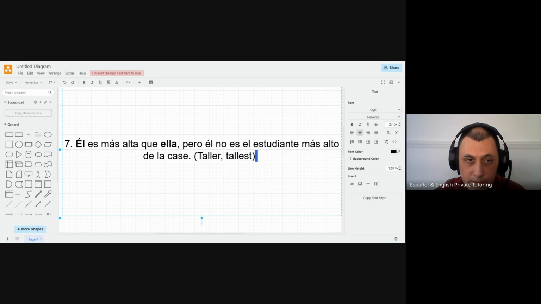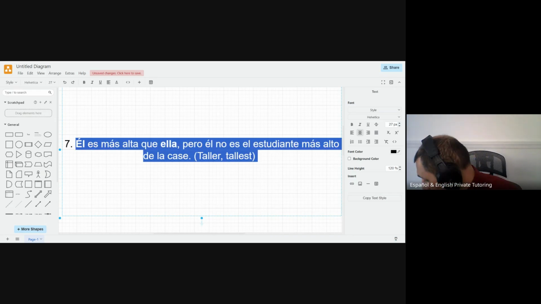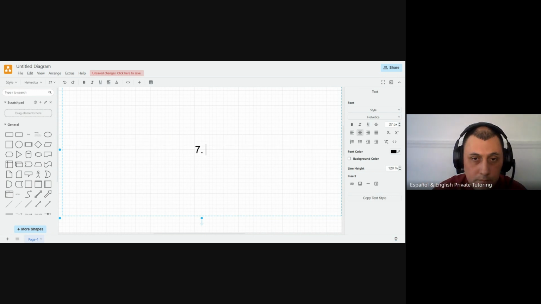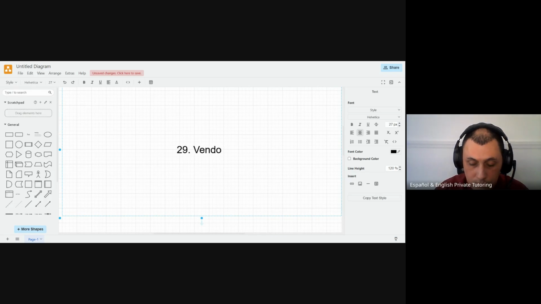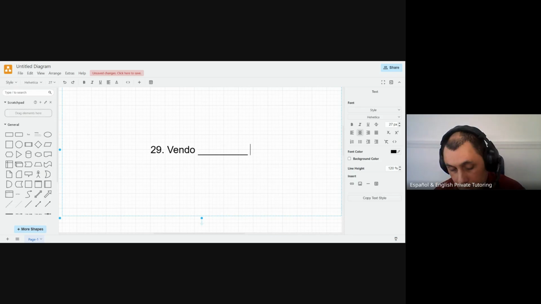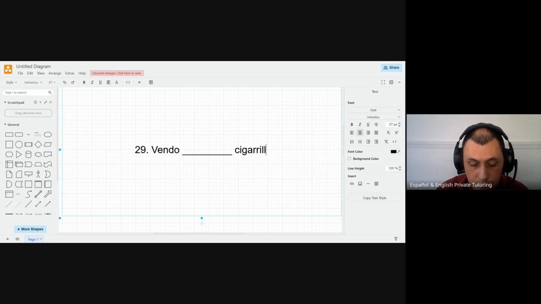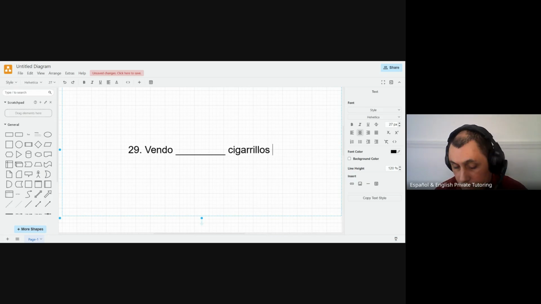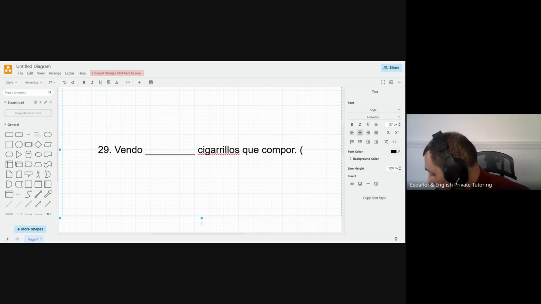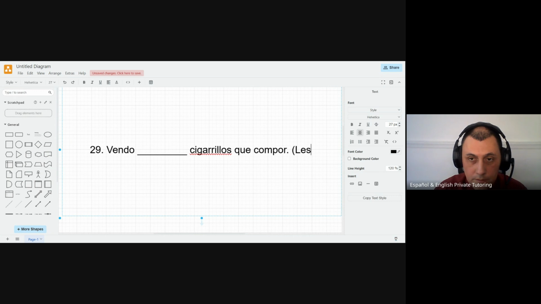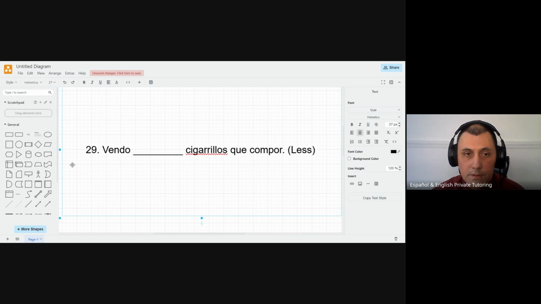Let's go to page 117 and number 29. Vendo, and we're going to do this one together. So start and que compro. And start the video before you see the answer, try to figure it out, and then continue to check the answer.